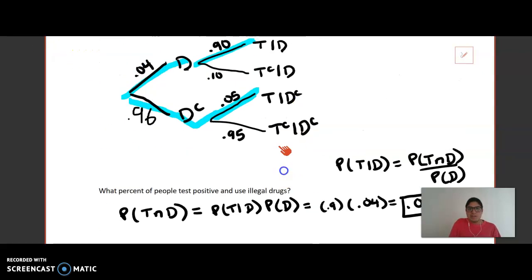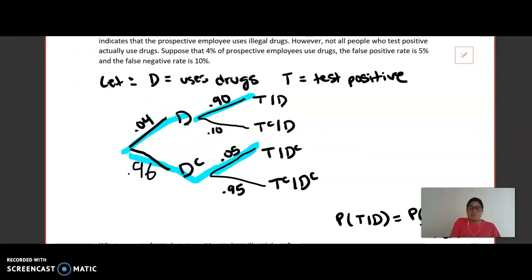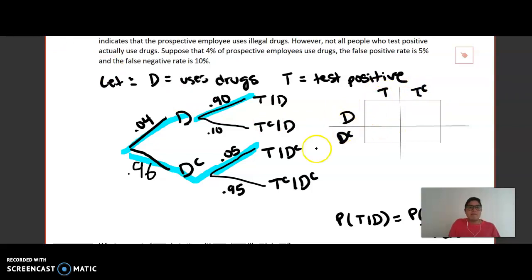Let me show you. And again, a lot of these rules just feel kind of like, what is happening? But I'm going to bring in the two-way table just because it helps us to visualize what's going down. So here we've got testing positive, not testing positive, uses drugs, does not use drugs. So the probability that you test positive is going to occur right here, right?